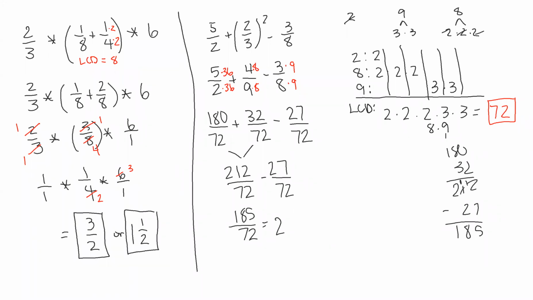When we subtract that from 185, we get 41 left over. So it turns out 185 over 72 is reduced. Either of those would be perfectly acceptable answers: 185 over 72 or 2 and 41 over 72.